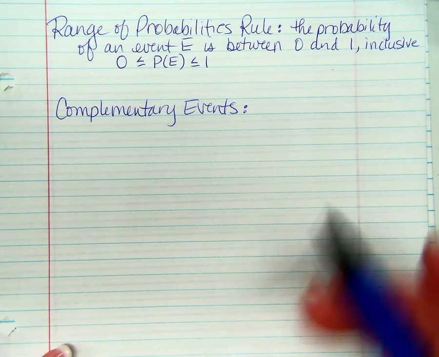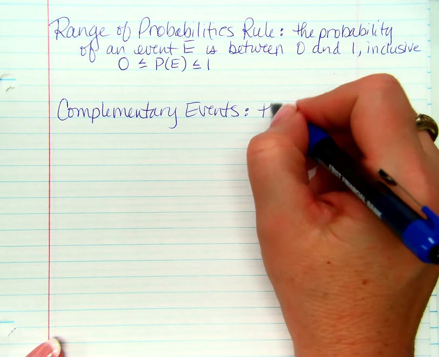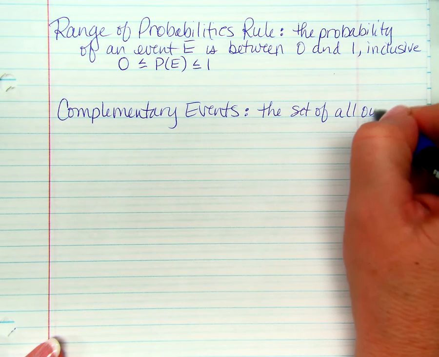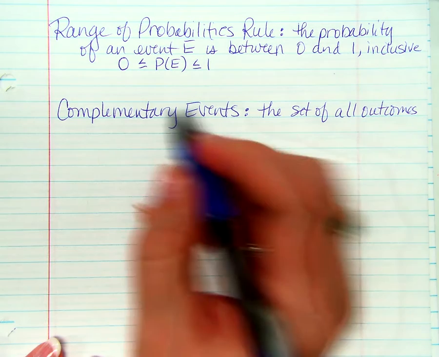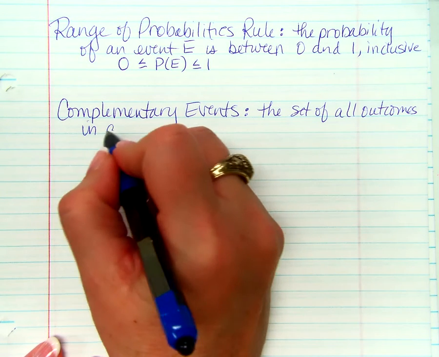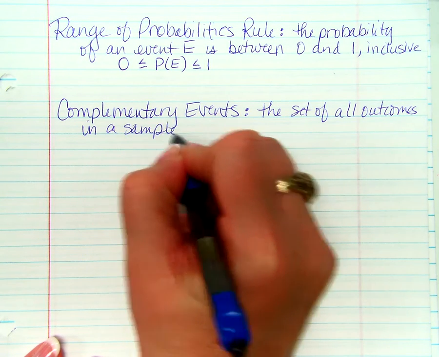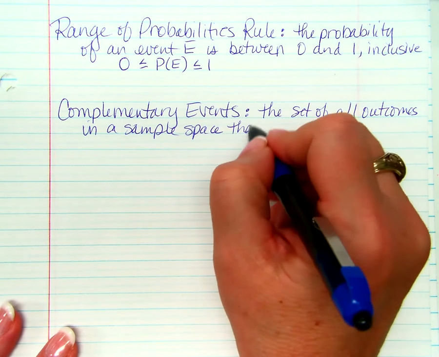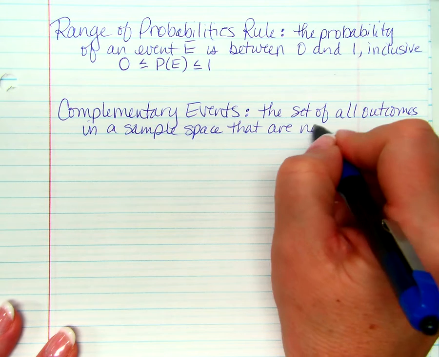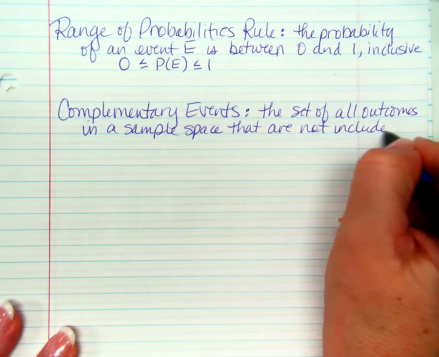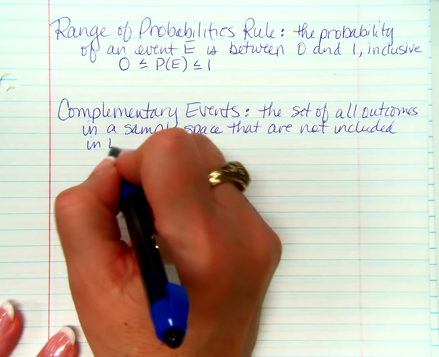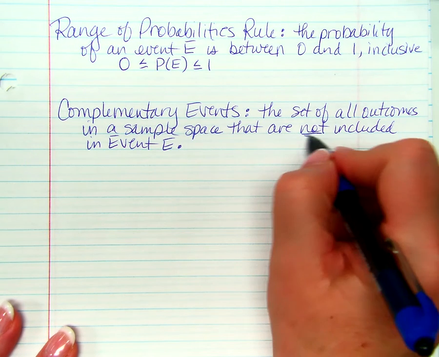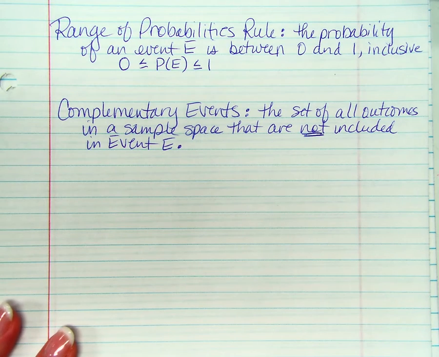Okay, a complementary event is the set of all outcomes in a sample space that are not included in event E.